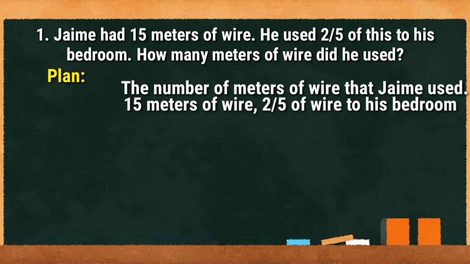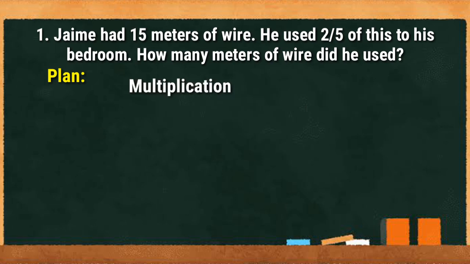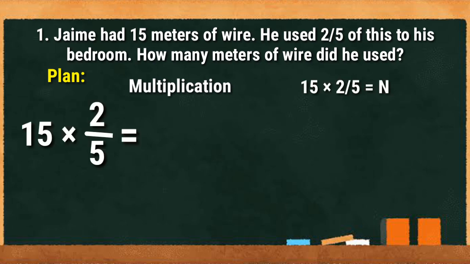This kind of problem, the mathematical operation that we are going to use is multiplication in order to know the number of meters of wire that Jaime used. So now, let's make a number sentence. That is 15 times 2/5.